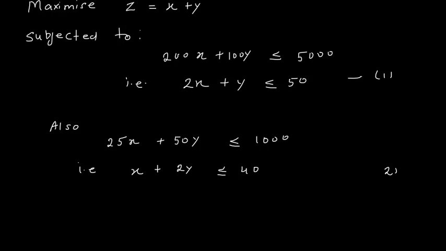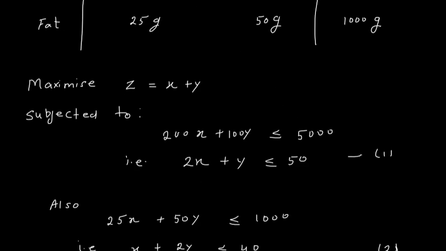So this is my second inequation. First is 2x plus y less than or equal to 50. Second is x plus 2y less than or equal to 40. Now we have one more constraint, that x and y should be non-negative, that is, greater than or equal to 0. This we consider the third constraint.